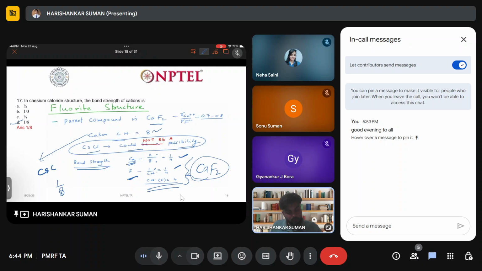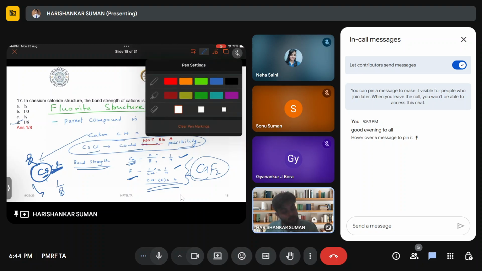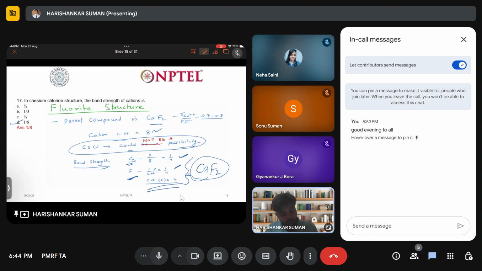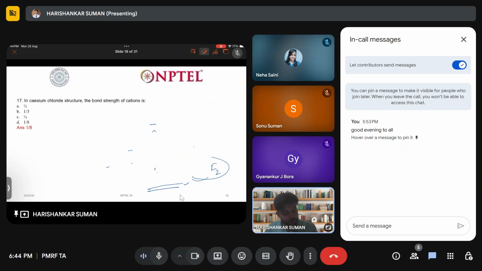So for cesium chloride the coordination number will be 8, so the bond strength will be 1/8. Okay, let's see the next question.